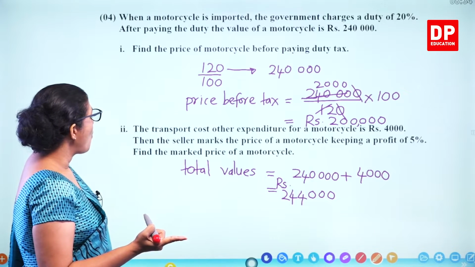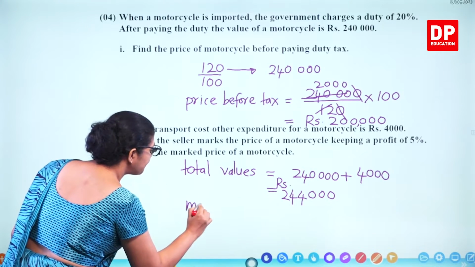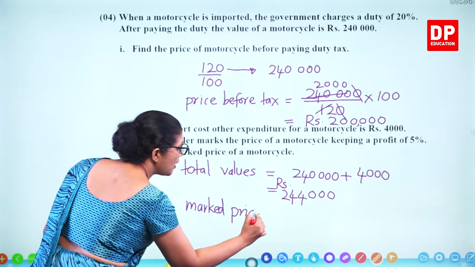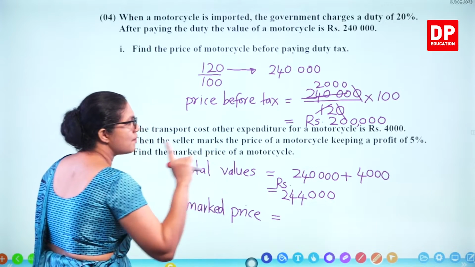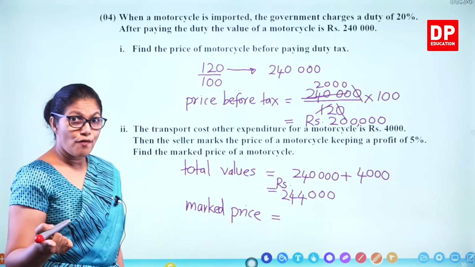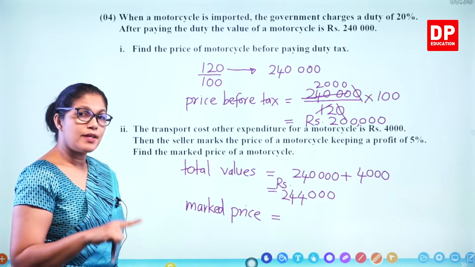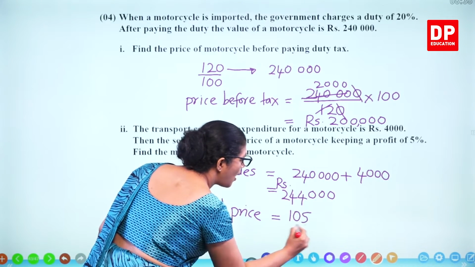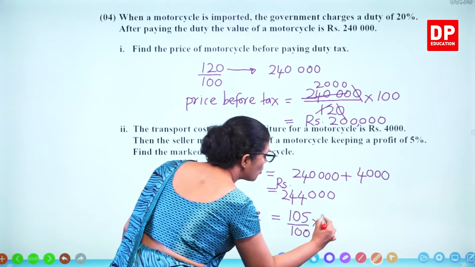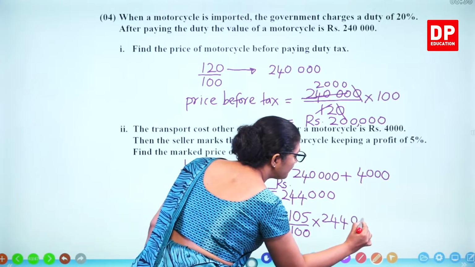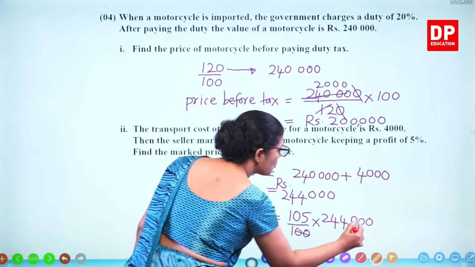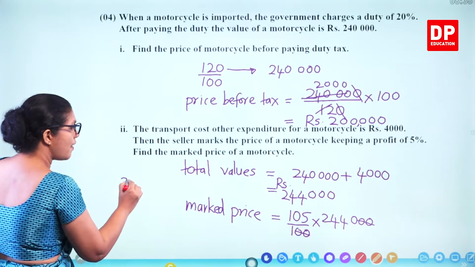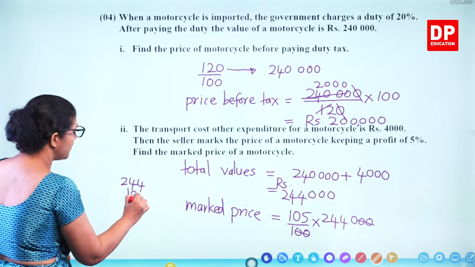So what's the marked price? How do you keep 5%? If you want 5% profit, if it's 100, you have to take 105. So 105 over 100 times 244,000. 2 zeros get cancelled out. Now multiply 244 and 105.